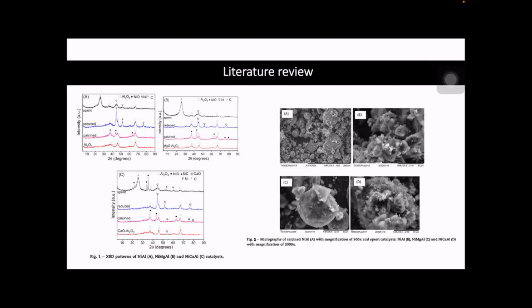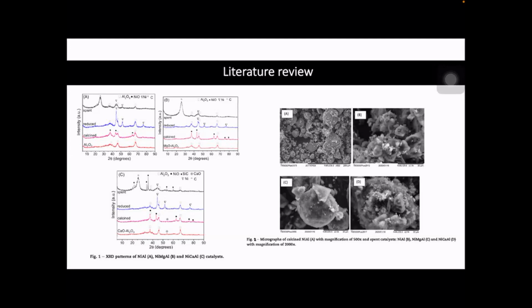Figure 2 shows SEM images of the nickel alumina calcined sample and spent catalysts in order to evaluate coke morphology. It was verified to be mainly amorphous carbon for all spent catalysts.